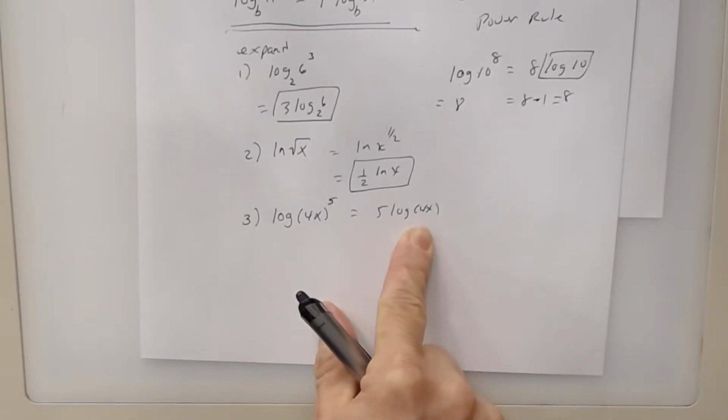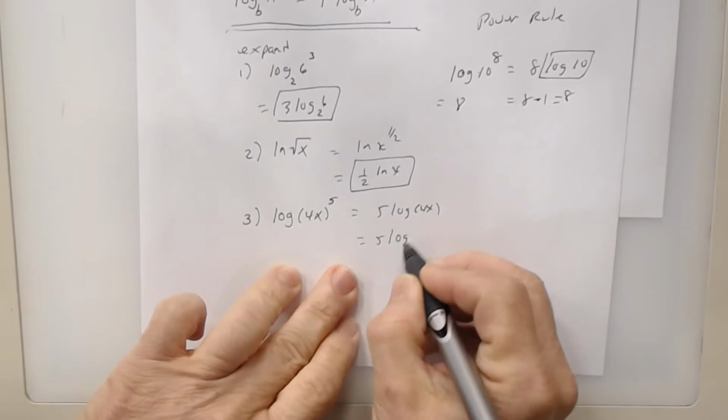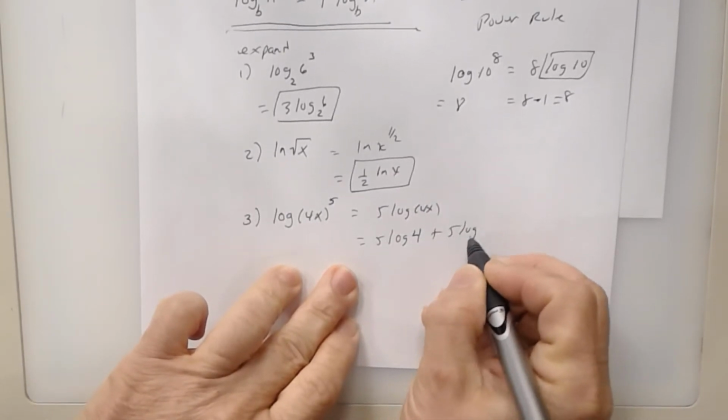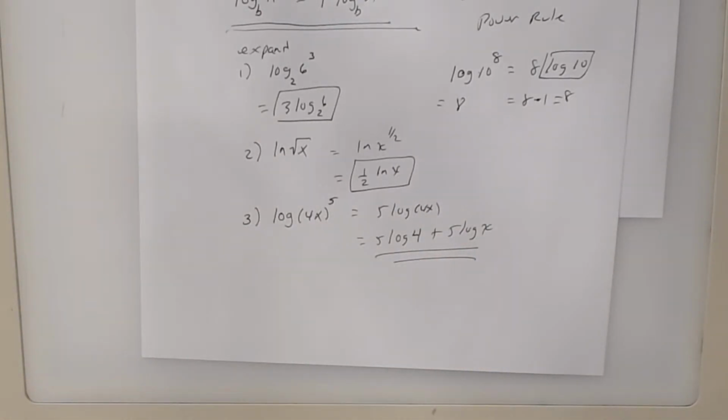So that's going to be 5 times the log of 4 plus 5 times the log of x. Now you know that you can do the power rule and then you can extend even further at times.